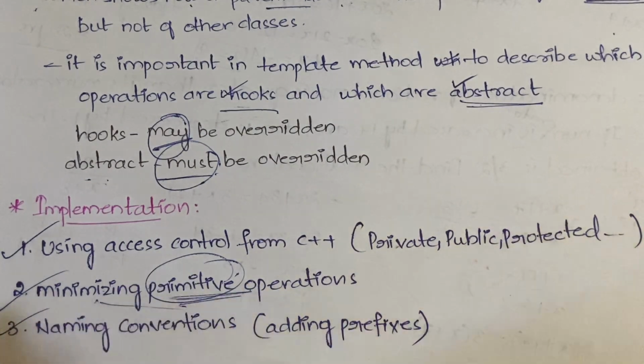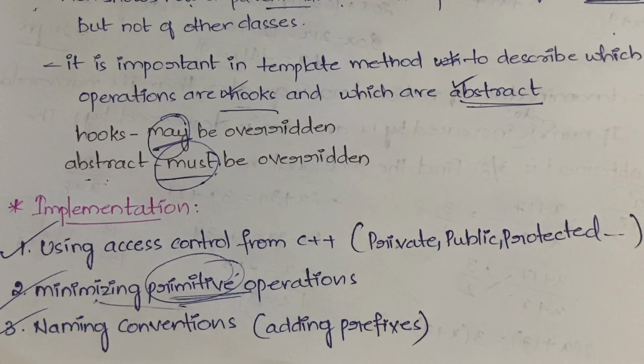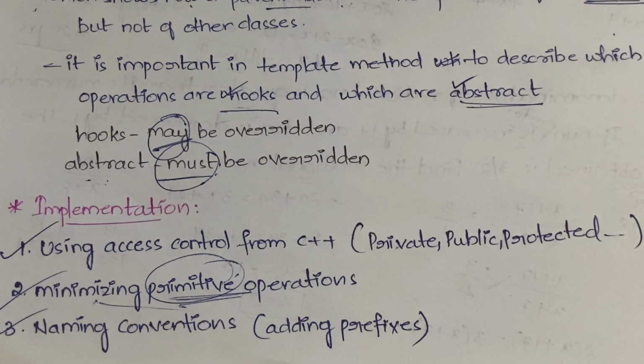And naming conventions also. So naming conventions in the sense you need to add some prefixes in order to identify the primitive operations. Got it? So naming conventions also should be followed. Why? In order to identify the primitive operations. How do you identify the primitive operations? By using some prefixes. Got it? So this is about the implementation. You are using access control from C++ and you are minimizing the primitive operations, and in order to identify the primitive operations you have to use some naming conventions like adding some prefixes and all. Got it?